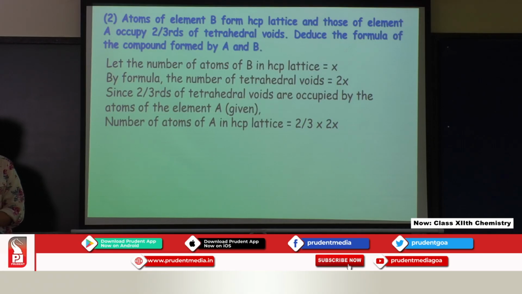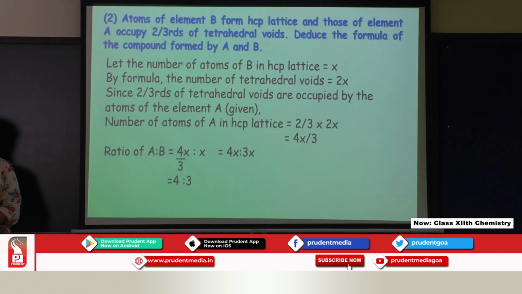Since you are given that 2/3 of tetrahedral voids are occupied by atoms of element A, the number of atoms of A in the lattice will be 2/3 of 2x, which becomes equal to 4x by 3. We now take a ratio of A is to B. It works out to 4x by 3 is to x, and finally it becomes a ratio of 4 is to 3. Therefore, the formula of the compound is A4B3.